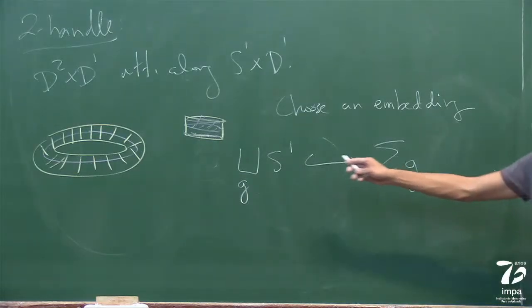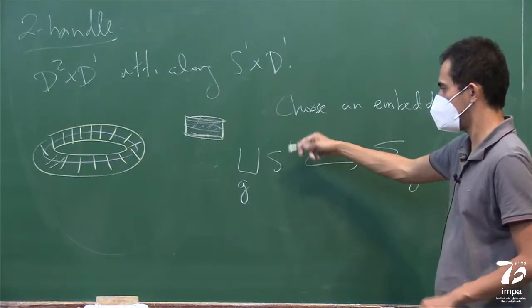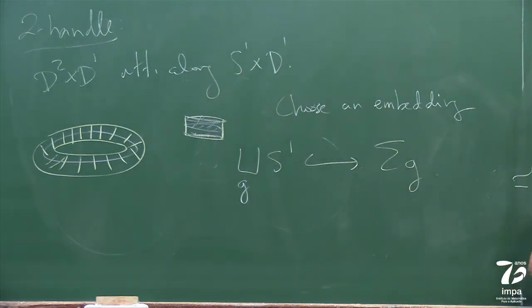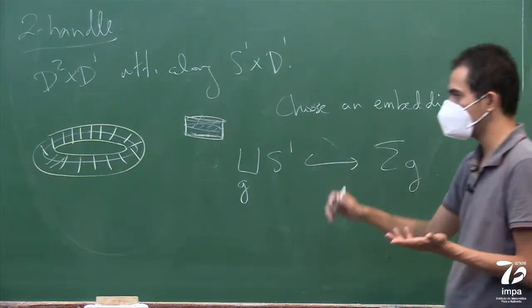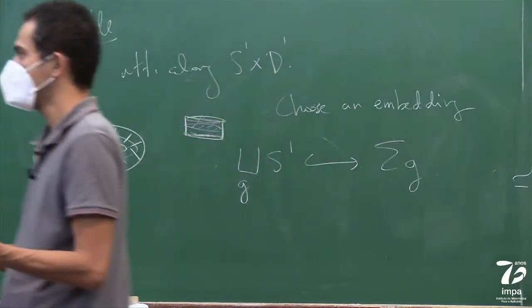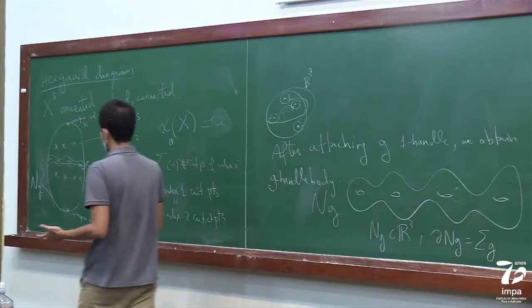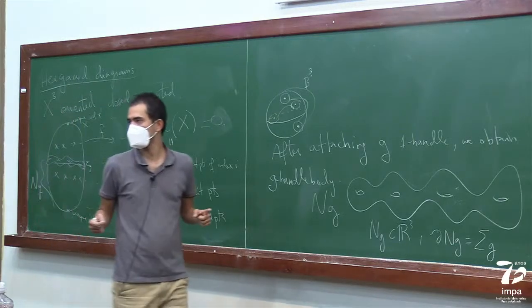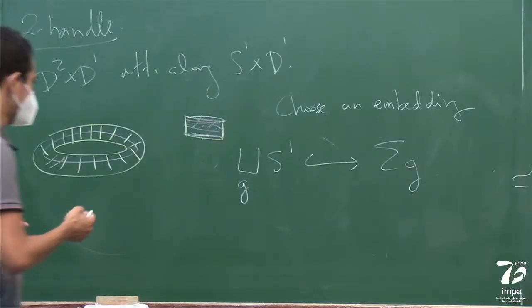So I have to choose G disjoint circles inside my handle body to attach. And I want to choose them disjoint because if I choose an appropriate gradient-like vector field, then they don't intersect. The two handles can't intersect. They're descending manifolds of different critical points. So really, you can't choose intersecting circles for this procedure. They have to be non-intersecting.